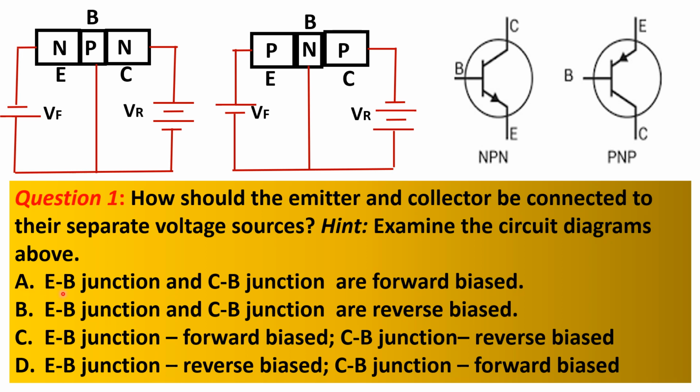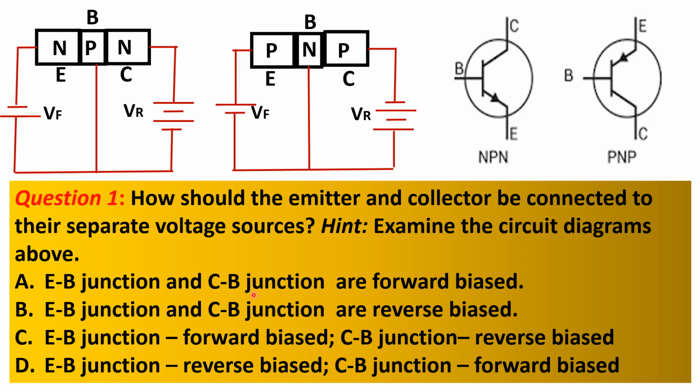Letter A. The EB junction, emitter and base junction, and the CB or collector base junction are forward biased. For letter B, the EB junction and the CB junction are reverse biased. Letter C, the EB junction is forward biased, while the CB junction is reverse biased. And the last option, the EB junction is reverse biased, while the CB junction is forward biased.